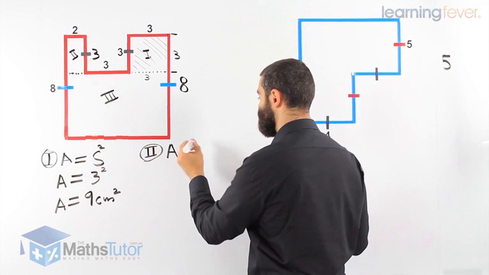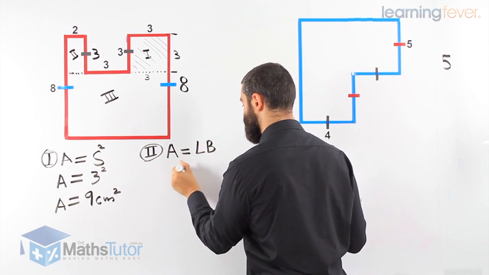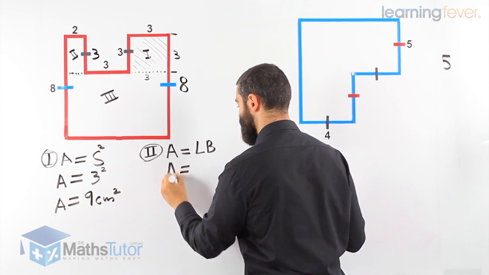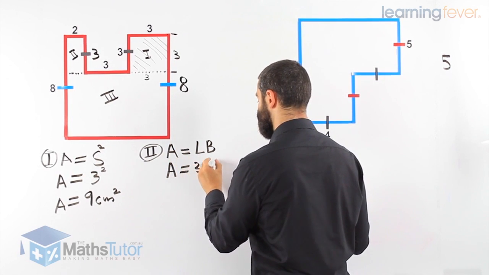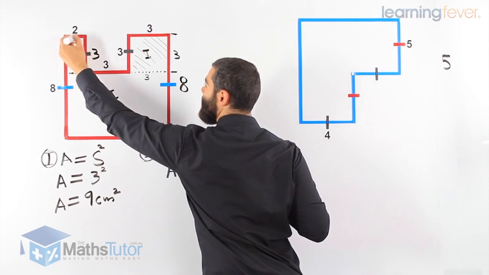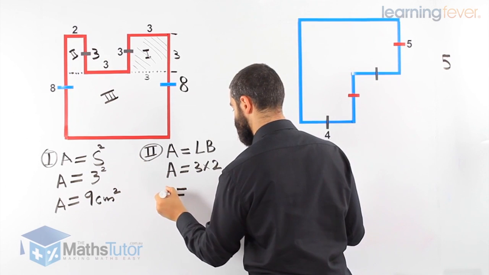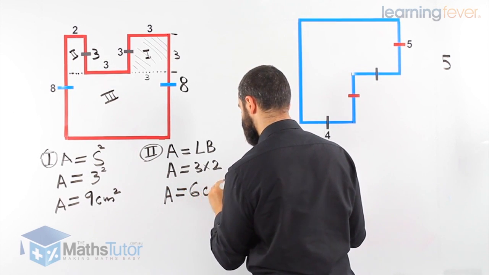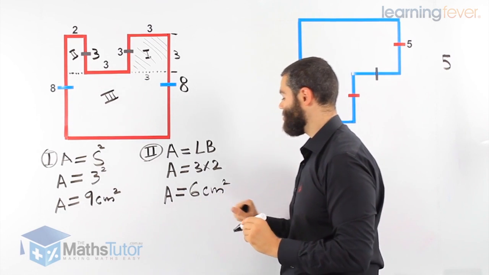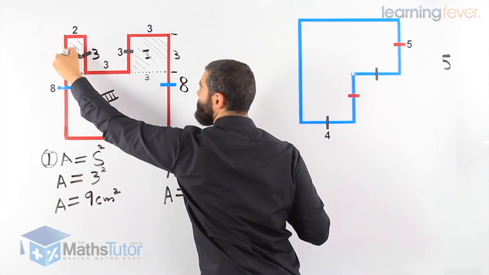So length times breadth: 3 times 2. 3 times 2 is 6 centimeters squared, or square centimeters. So area 2 equals 6, and this also has been completed.